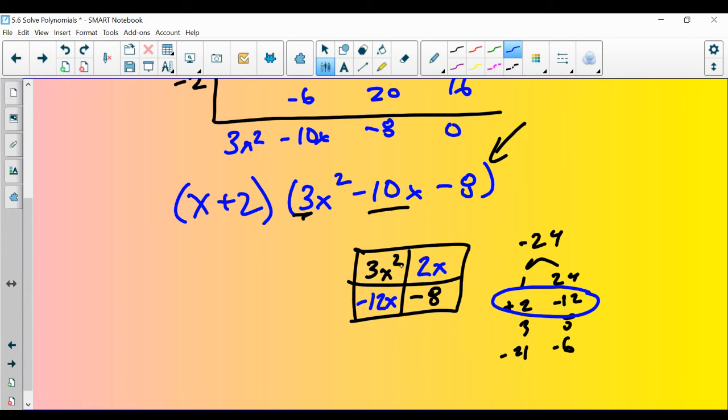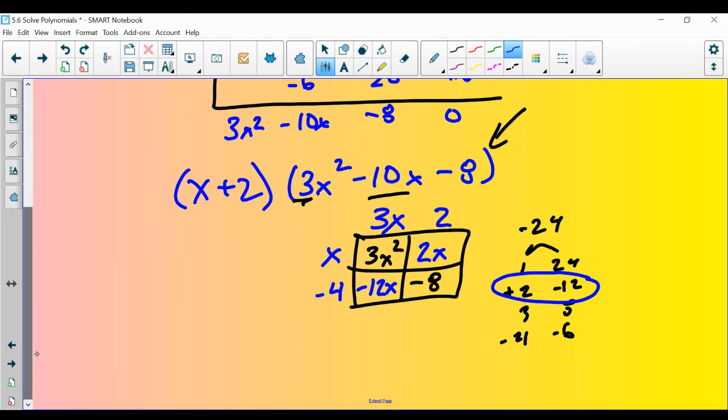What's common between the top two boxes is an x. 3x here. We should be really good at factoring using the box method at this point. And 2. 2 times -4 is -8. So this statement here factors to 3x plus 2 and x minus 4.